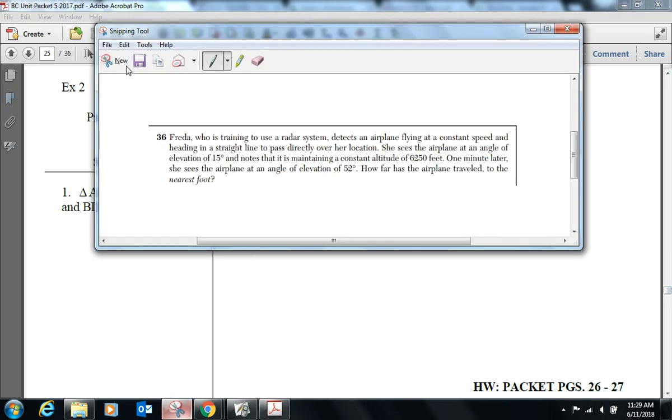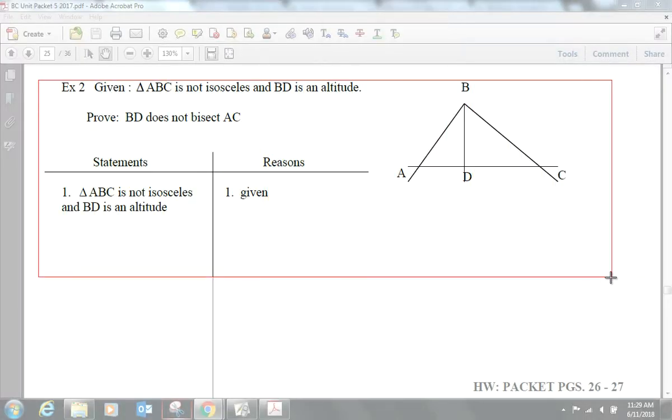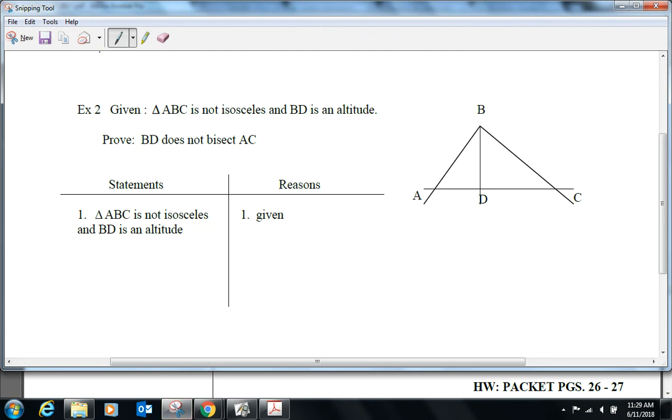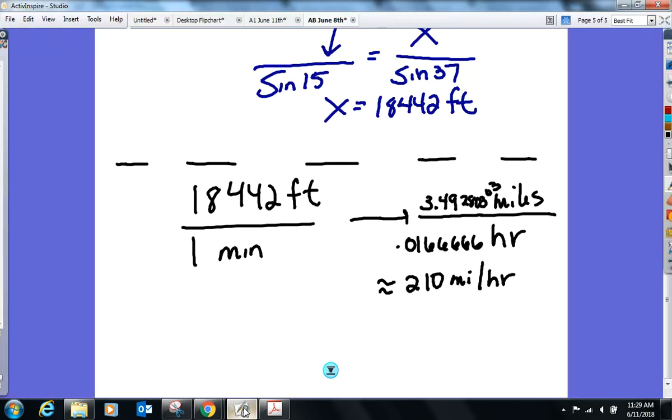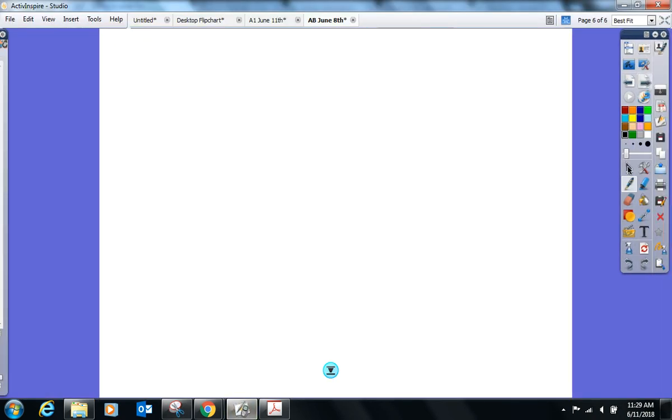I'll give you guys a second if you want to copy it down or not. Sorry about that, the diagram's off a little bit. Those are only supposed to go to A, D, and C. I just got it from your Unit 5 packet back in the day.